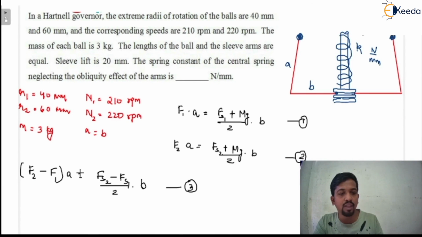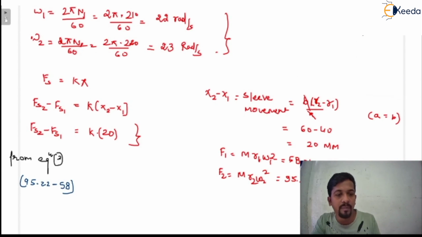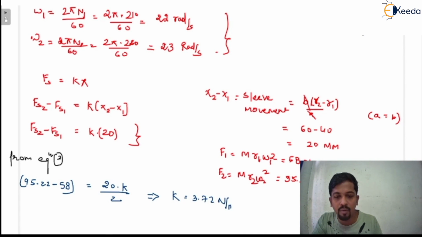Here A is equal to B, so they cancel each other. The remaining thing is (Fs2 minus Fs1), that is 20 multiply K, upon 2. When you solve this you get the value of K as 3.72 Newton per mm. The unit must be mm because we calculated the sleeve movement in mm.